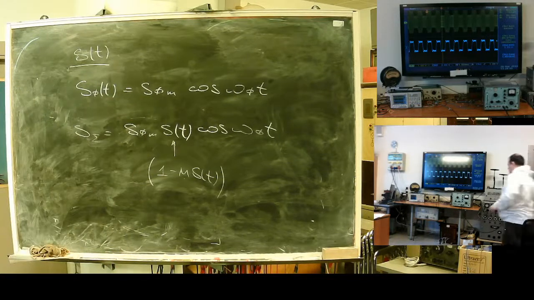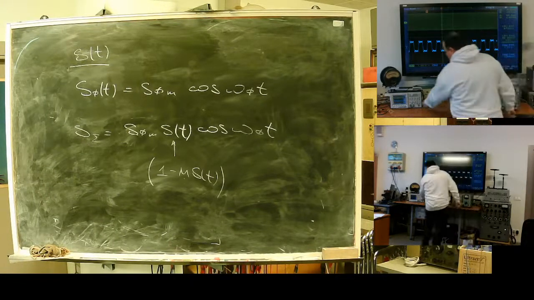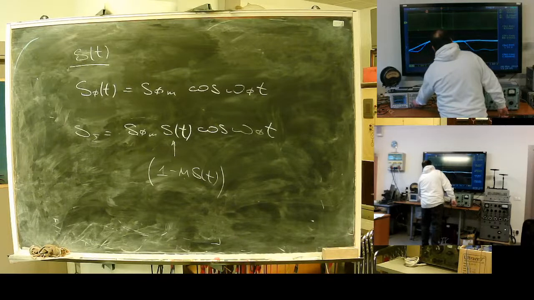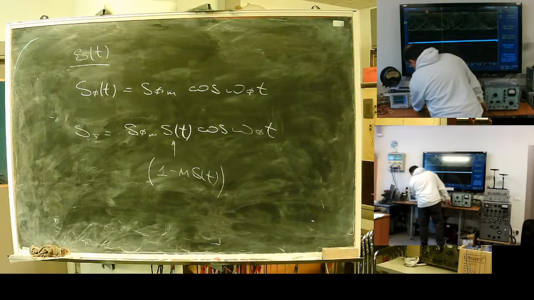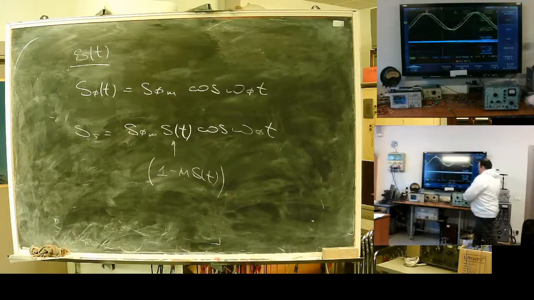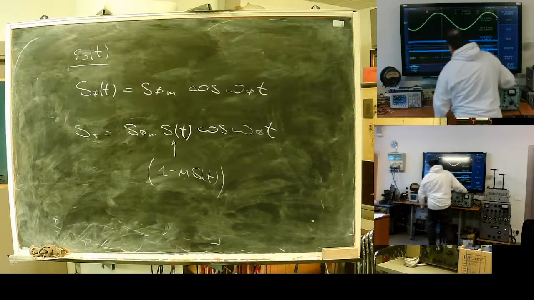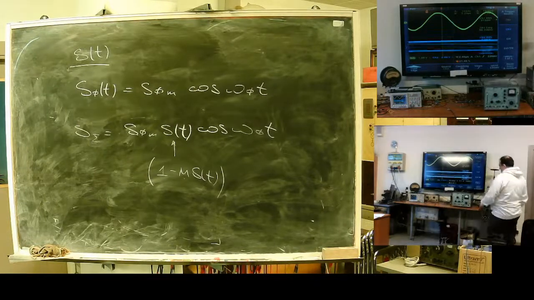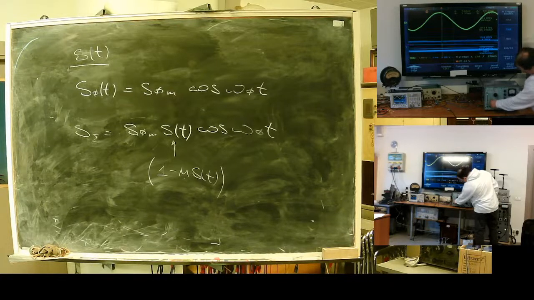In my case, the switch is off. Yellow line, I will expand it. Here is the yellow line, the so-called carrier. I can change it. Maybe it can be 100 kilohertz.